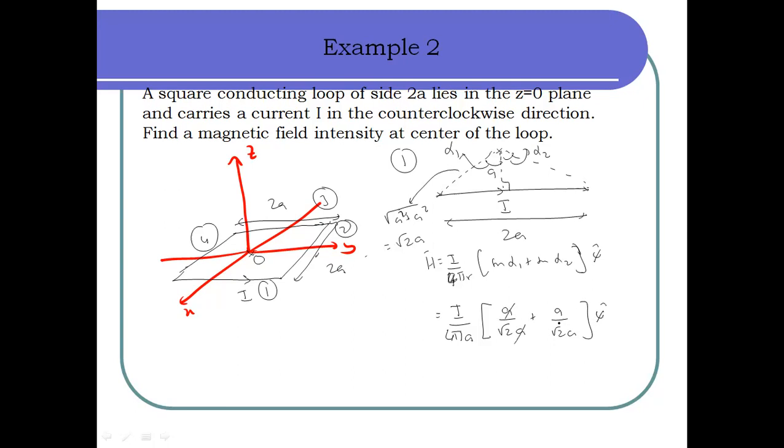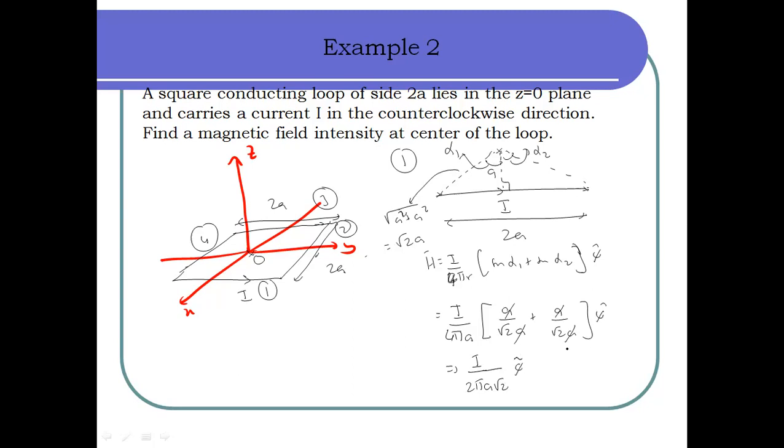So this A can be cancelled out, and we get I over 2 pi A square root of 2 in the direction of phi.